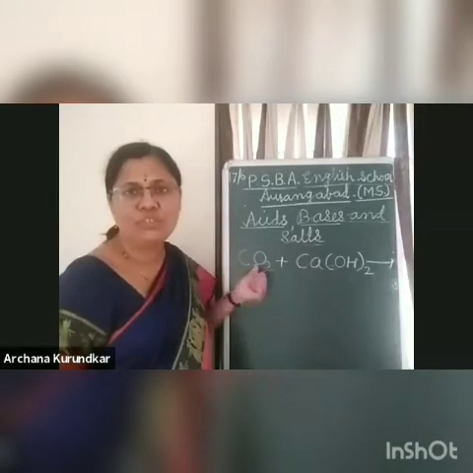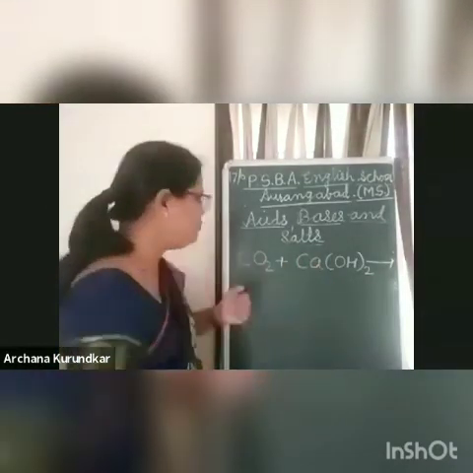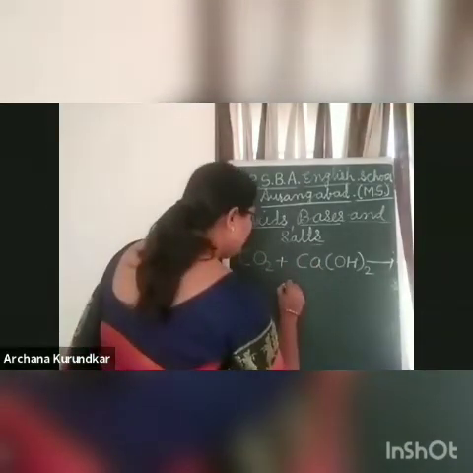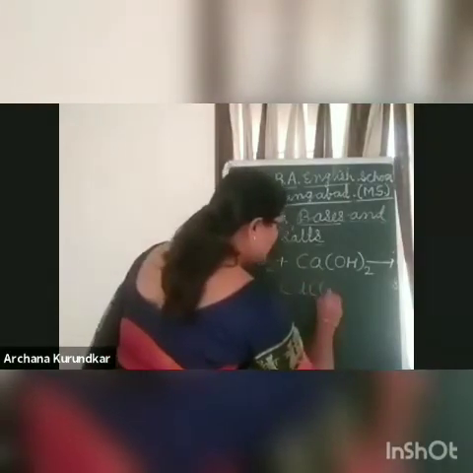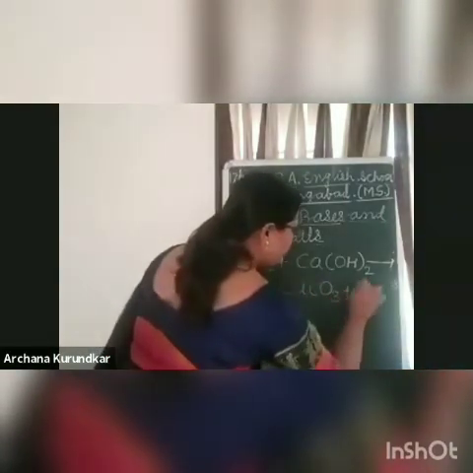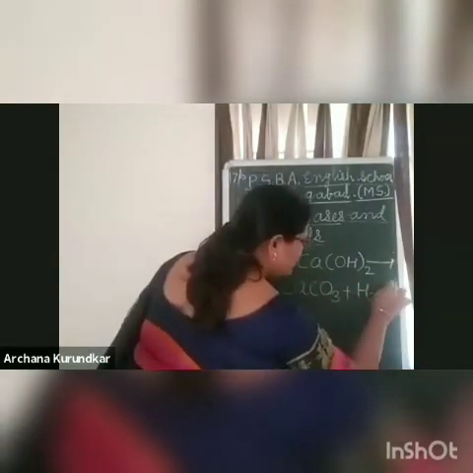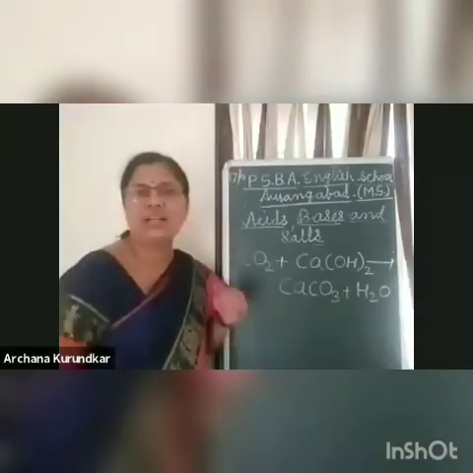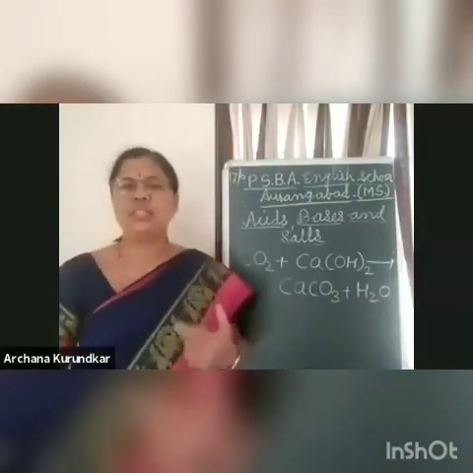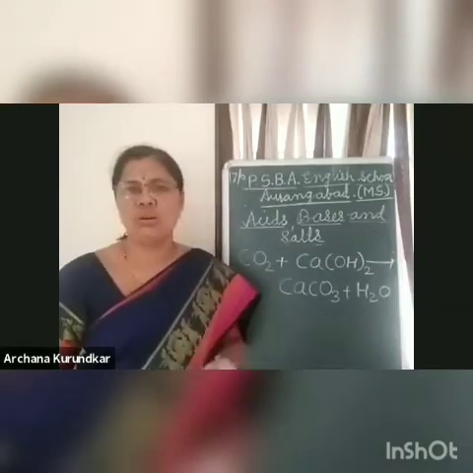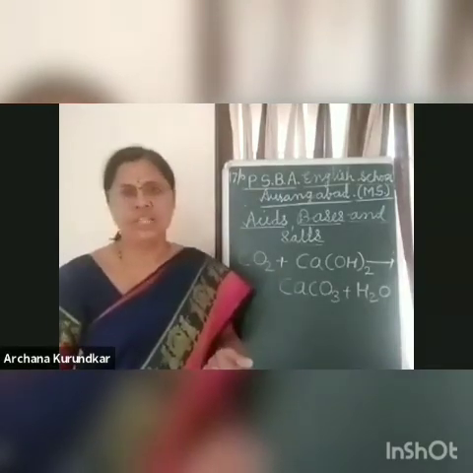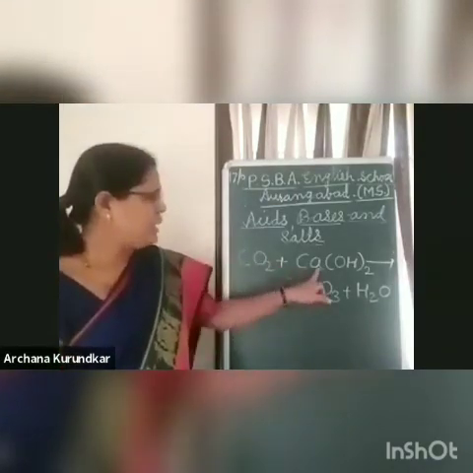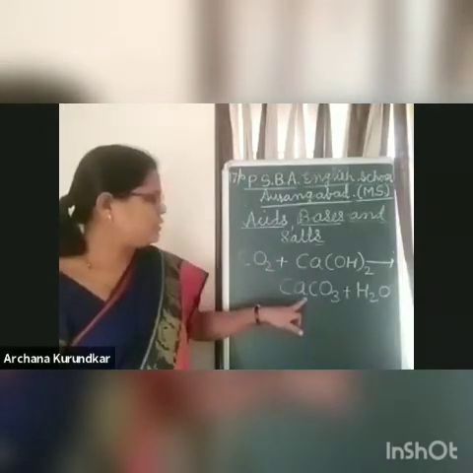If we carry out the reaction of non-metallic oxide and base, there is a formation of the salt CaCO3 and water. Whenever we write chemical reactions, you should always check whether they are balanced. Calcium: 1 atom.